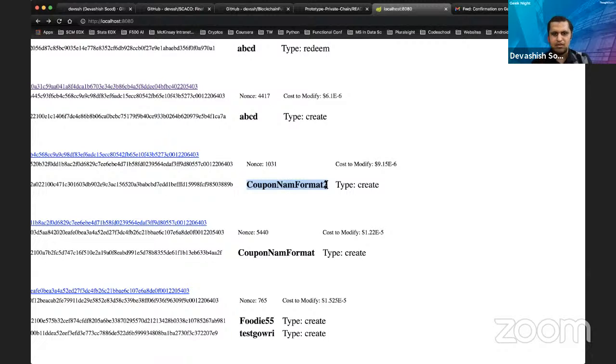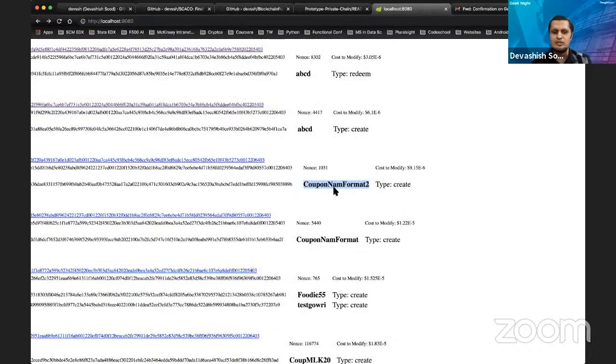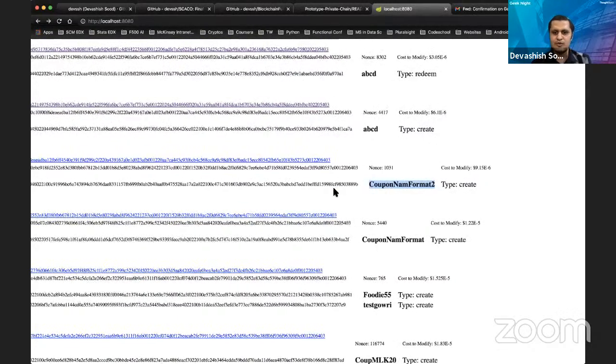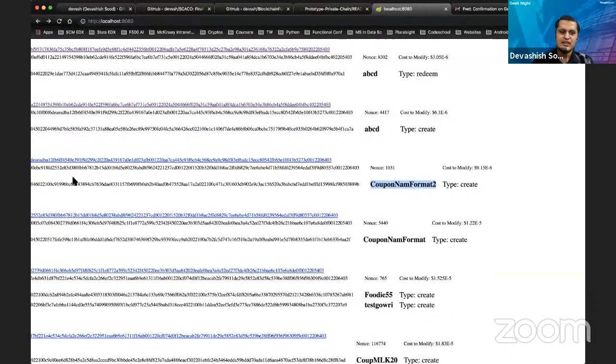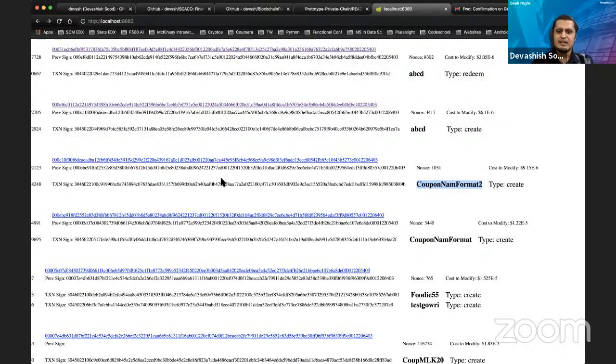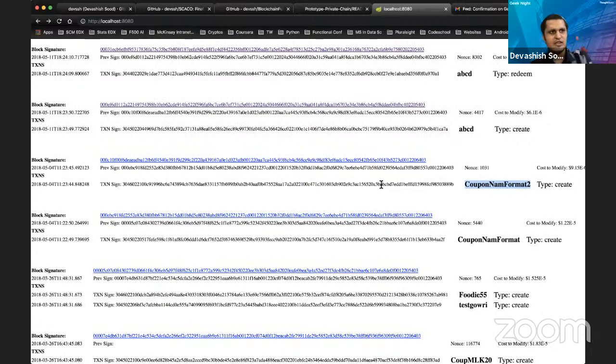Now, how would they go about adding this data to the blockchain? They would have a public key, and that public key will be known to all the customers. There are a lot of anonymous or pseudonymous people, or known people. They know that this is a company, the public key is there, and then there will be some data known as the coupon. It will say that this is the coupon.